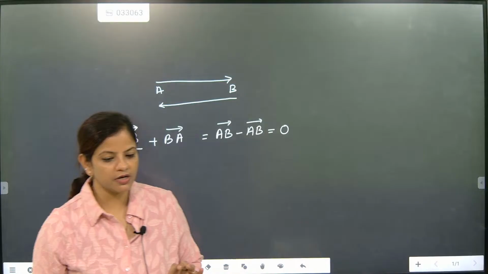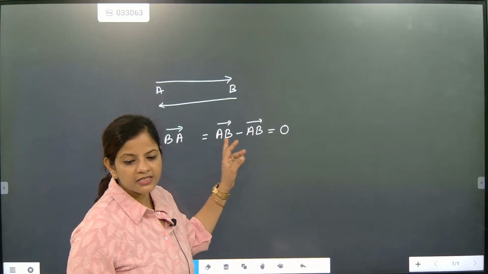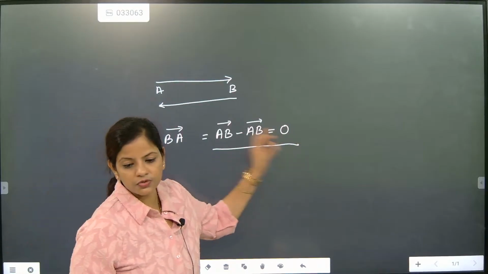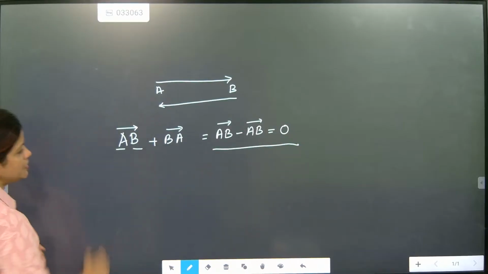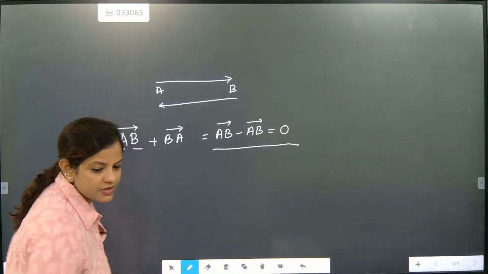This is the most important part. AB vector plus BA vector is AB vector minus AB vector, and that will be equal to 0. How the initial and terminal points merge, that I am going to teach.